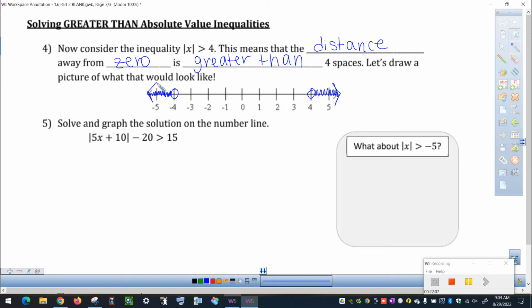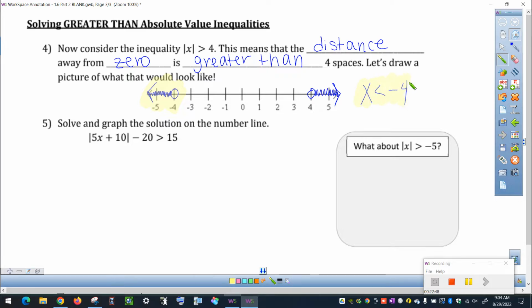Now, if we were to write out our solution using symbols, there's 2 pieces to this. I'm going to write the whole thing on the side, but it's matching our picture. To match this first part, I'm going to highlight that in yellow. Those are x values that are less than negative 4.